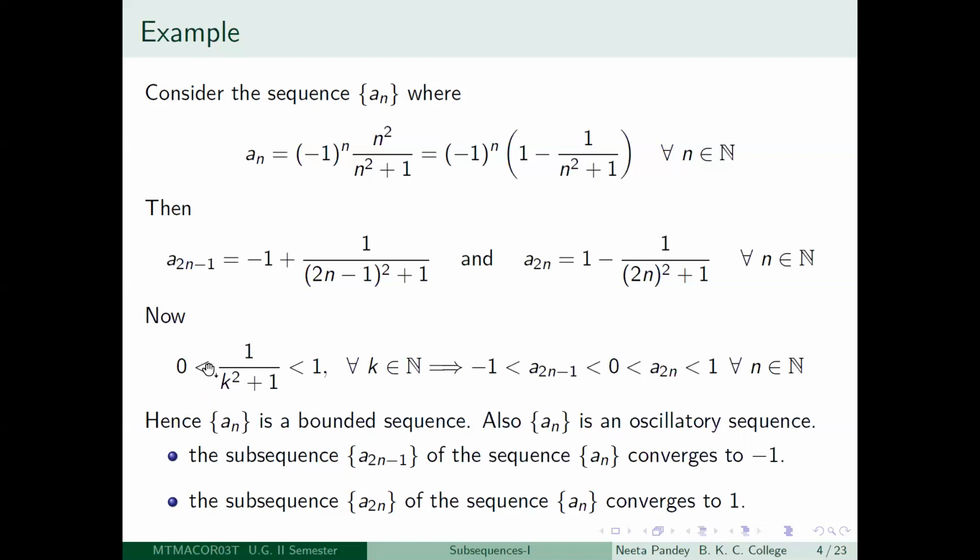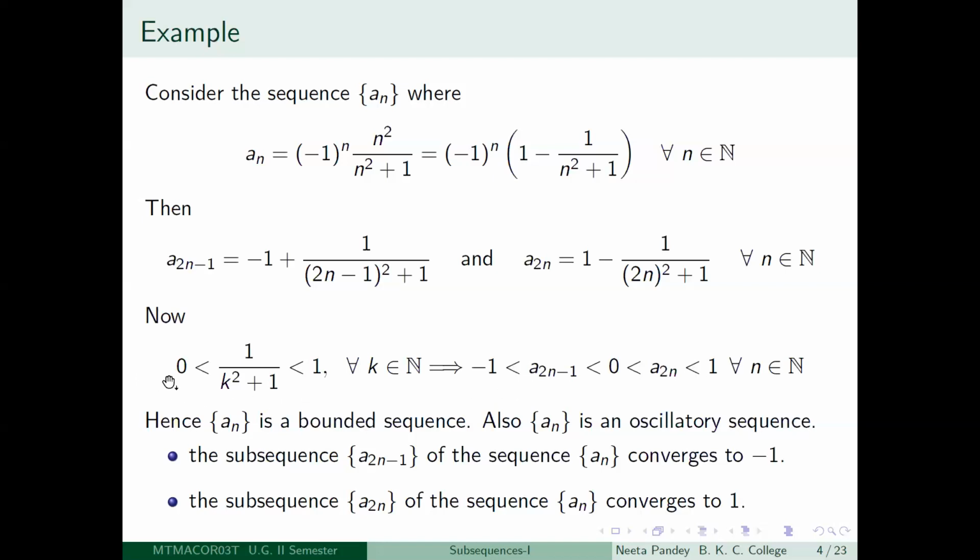So if you add -1 to it, that number will become a number between -1 and 0. So in particular, all the odd terms of the sequence are going to lie in the open interval from -1 to 0, right?